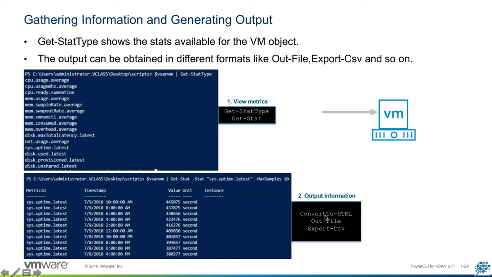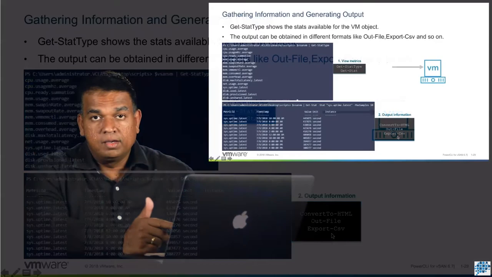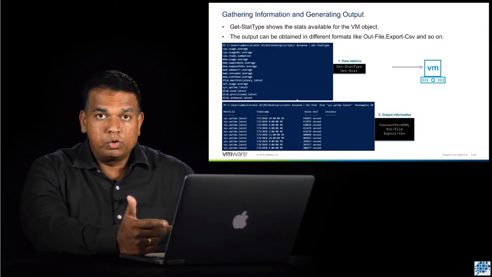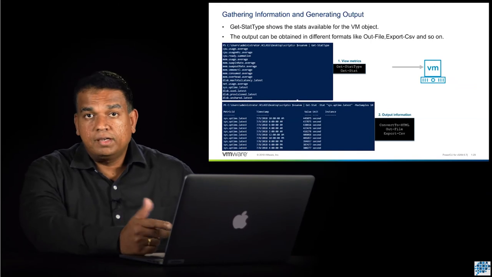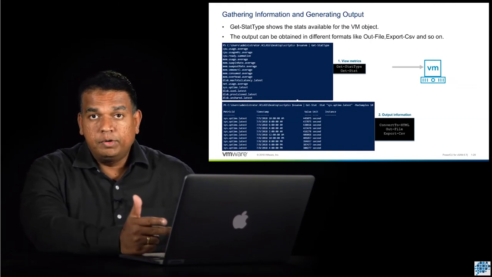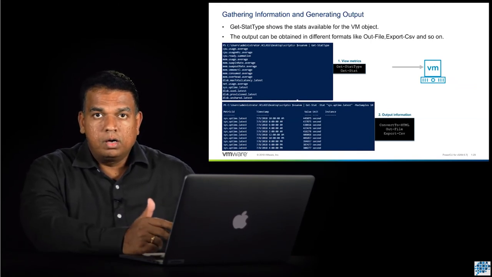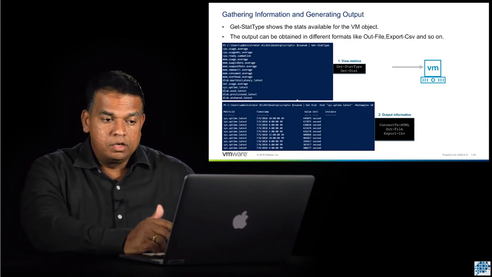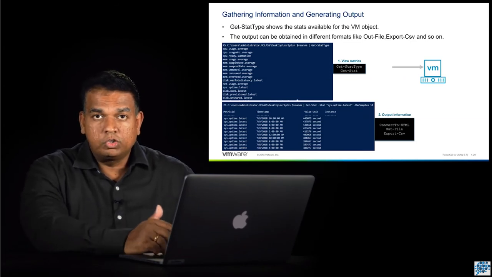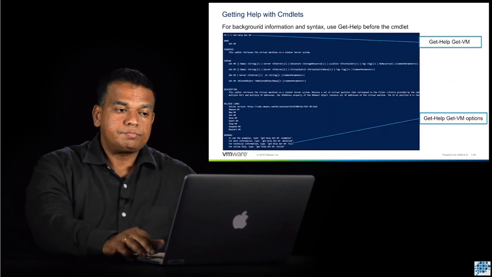So basically we get the output which we want from that particular commandlet, and we can store it in the form of an HTML file, or we can use the Export-Csv commandlet, and it will export it to a CSV file, and we can use that CSV file maybe to generate a report in Excel. So all these formats are also available using the PowerCLI commandlets.